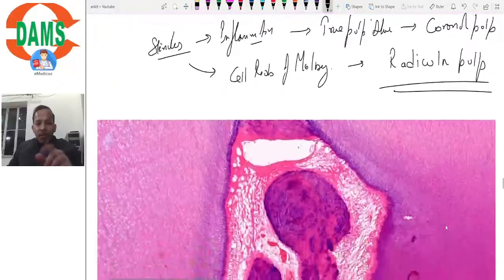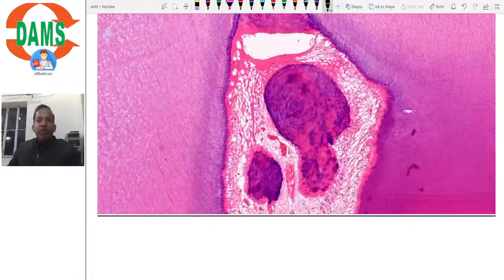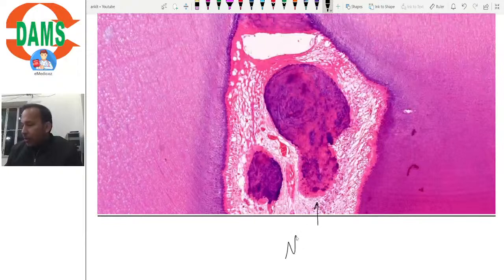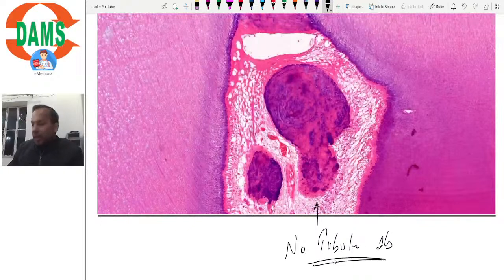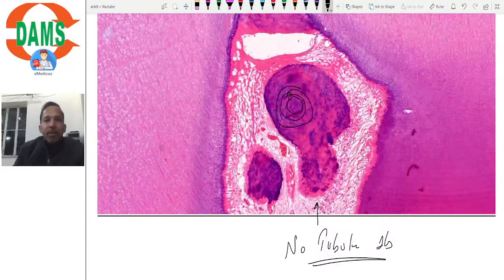So that was the true pulp stone, and this is the false pulp stone. You can see the laminated structure of this false pulp stone. There is no tubular structure, and you can see a layer by layer deposition. Can you notice these concentric rings?